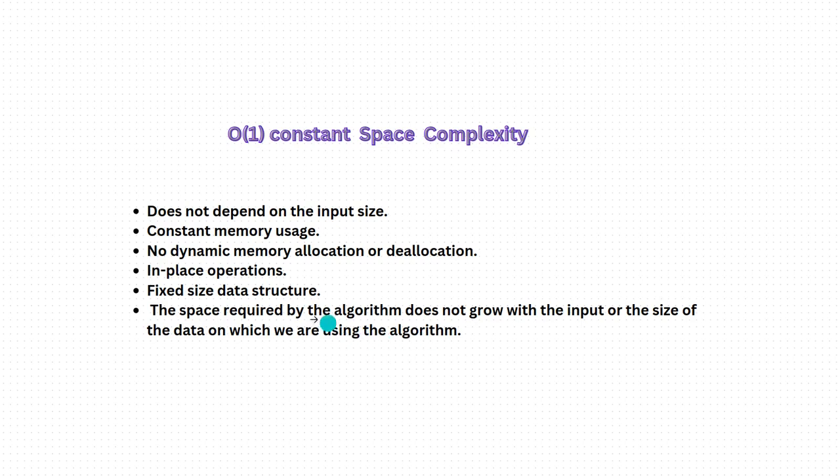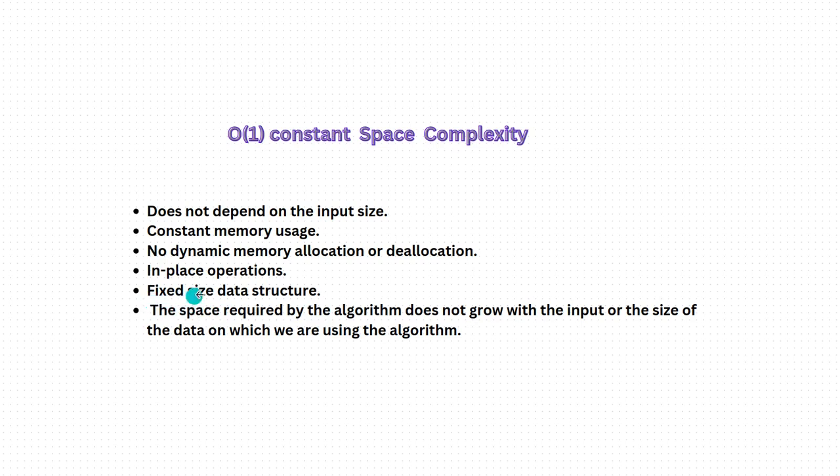The next criterion is no dynamic memory allocation or deallocation. This means that the algorithm does not allocate memory dynamically based on the input size, and any required space or memory of the algorithm is predetermined and does not change with the input size.